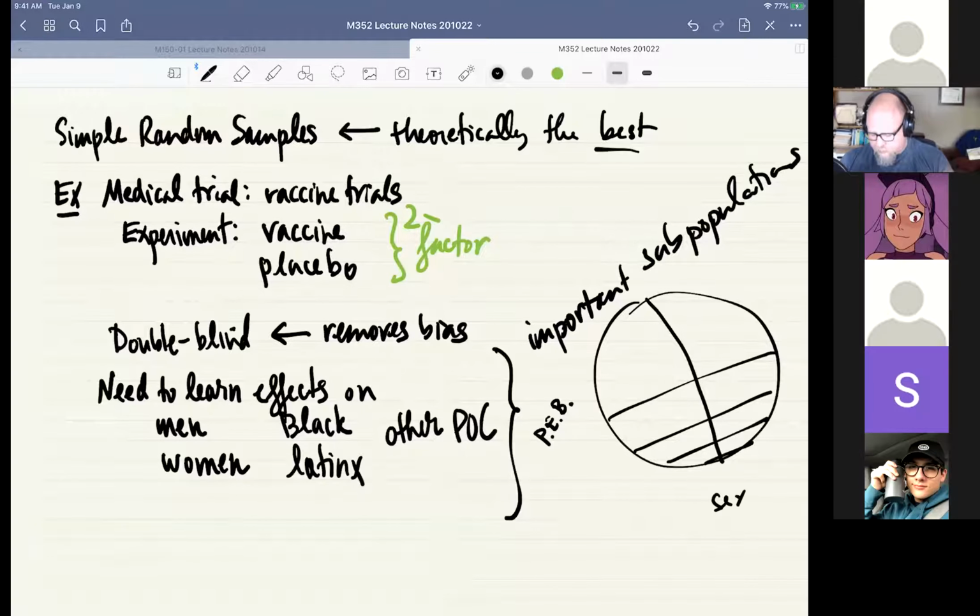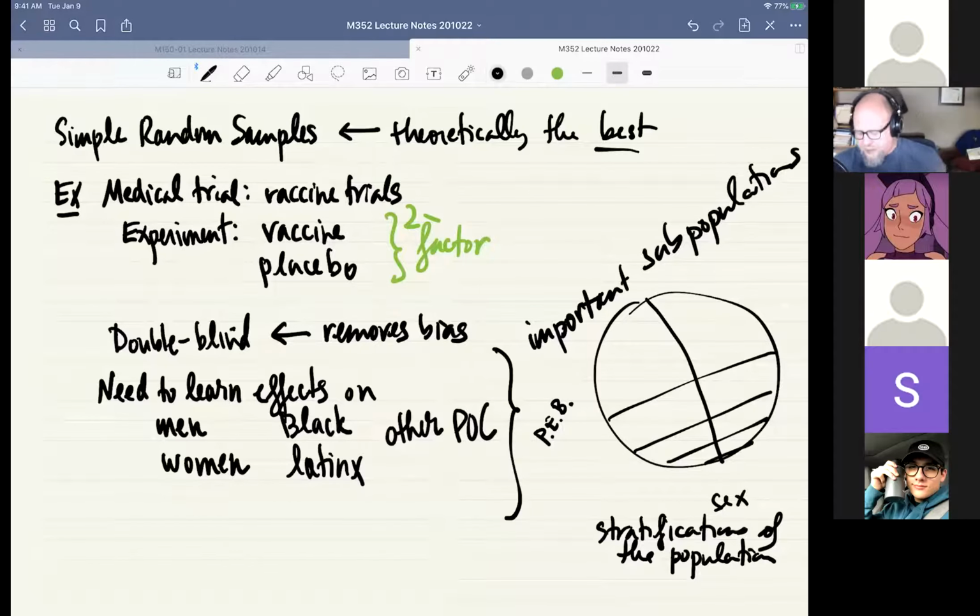So we have males and females, biological males and biological females on either side. Okay. These are called stratifications of the population. And I've got two independent stratifications, one based on biological sex and another one based on primary ethnic background.